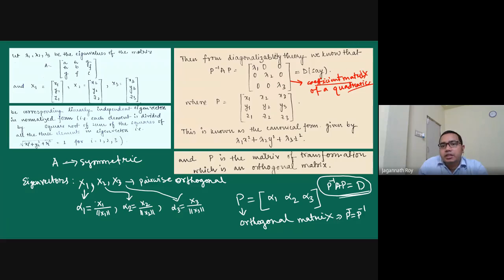So we'll take one matrix x, y, and z, then x transpose will be x, y, and z. If we multiply x transpose Dx, what will happen? Let me write it down.